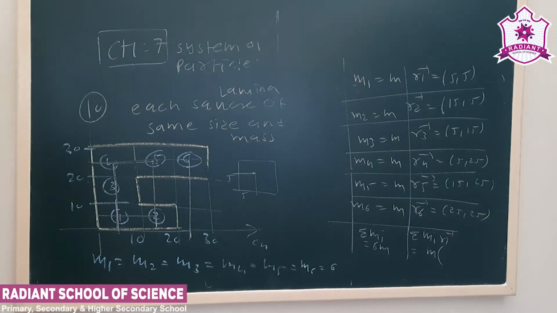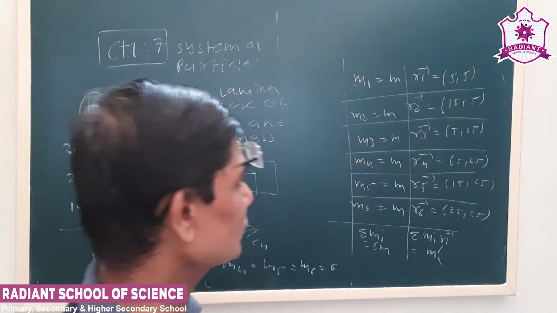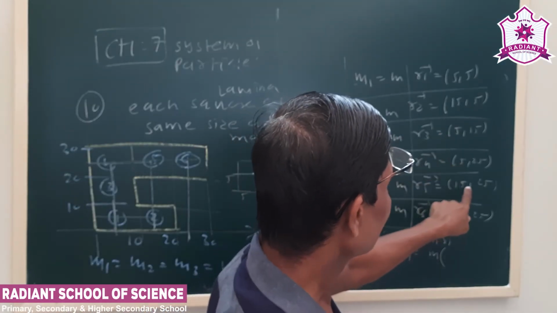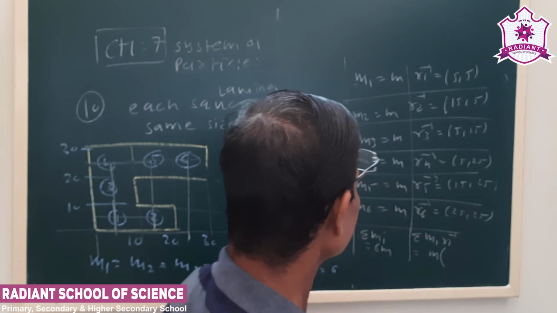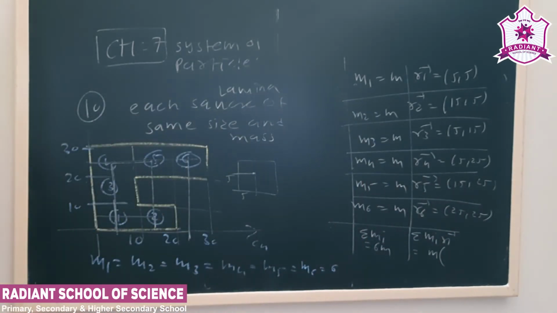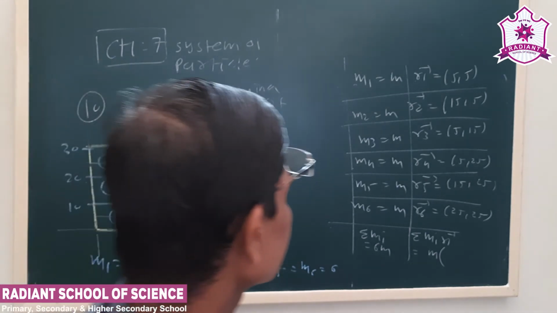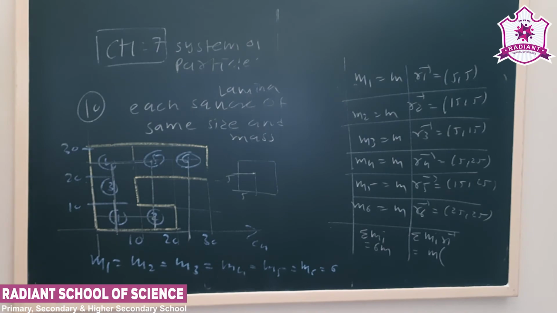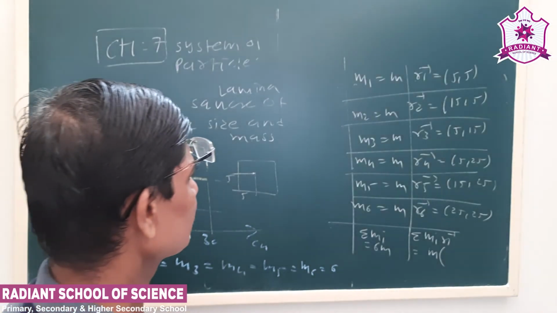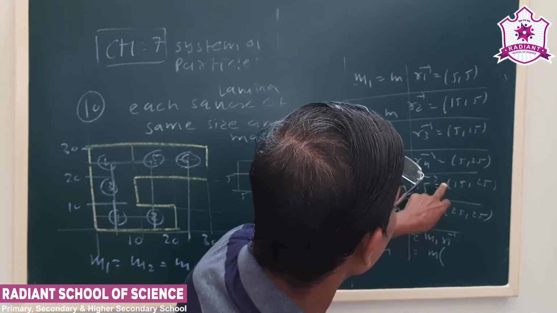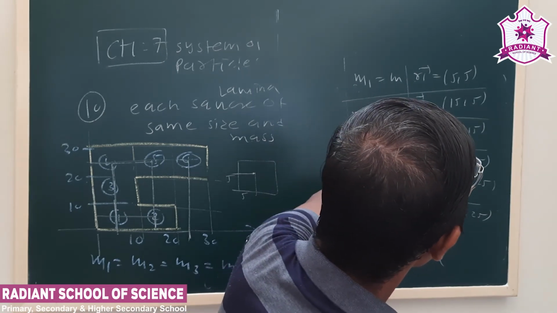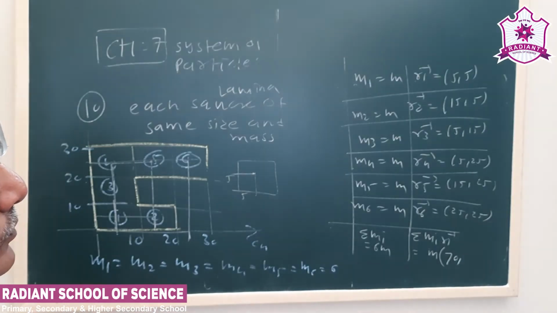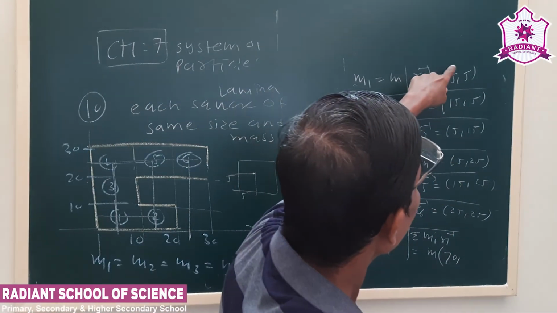Now see, we have to add the x components: 15 plus 5, 20 plus 5, 25, 50, 60, and so on, giving 70. And the y coordinates add up to 75, 80 and 100.